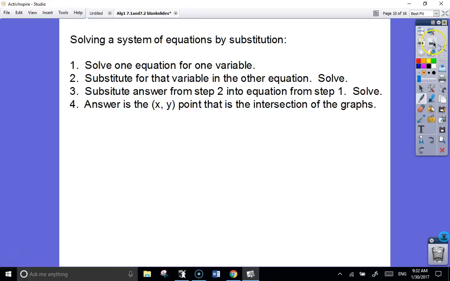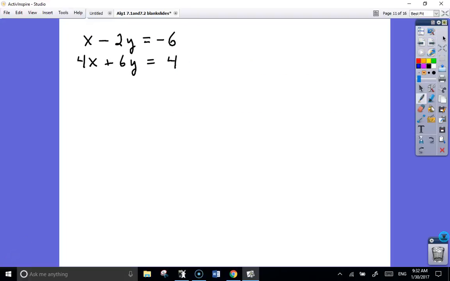Okay, so let's show those steps in action. First step, what did it say? Solve one equation for one variable, right? You could do any one you want, but there's one that's supposed to be the obvious choice here. Which variable looks easiest to solve for? The first x, right? What makes that one the easiest? There's no coefficient.